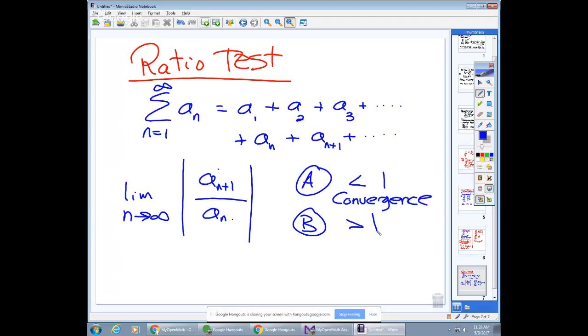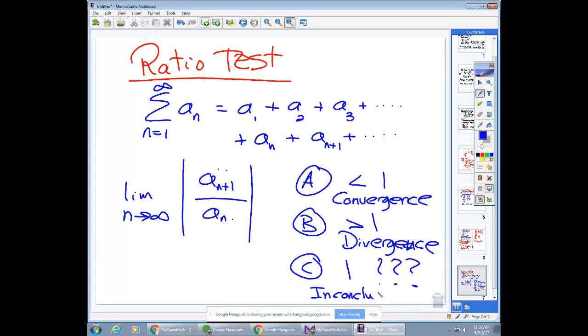That means the terms are actually growing, which is a problem. That's divergence. There's a third option when I look at the 1 as my focal point. It could be 1 in the ratio, which means they're growing at about the same rate, and I don't know what's happening. That's inconclusive. Pick a different test.